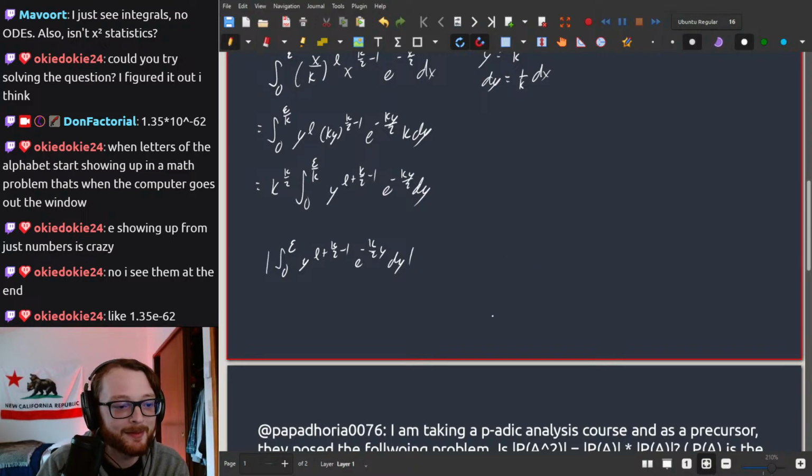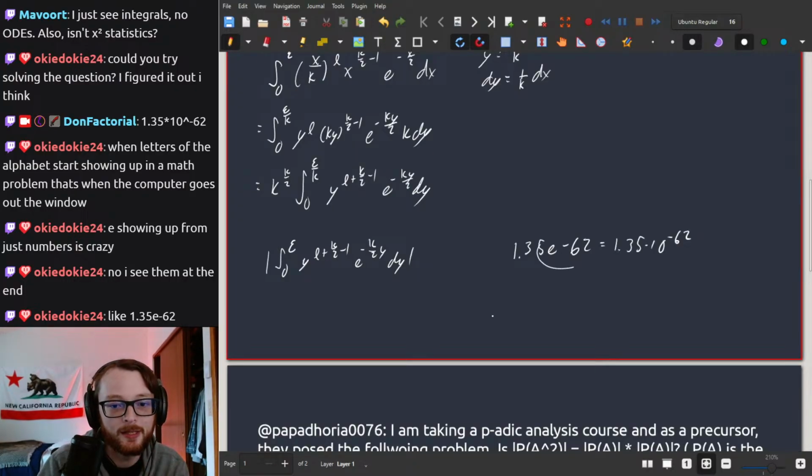That's just how computers tend to write scientific notation. Sorry if you already know this, but it's the same thing as times 10 to the minus 62. It's easier for a computer to do the E and then the number rather than doing a superscript.